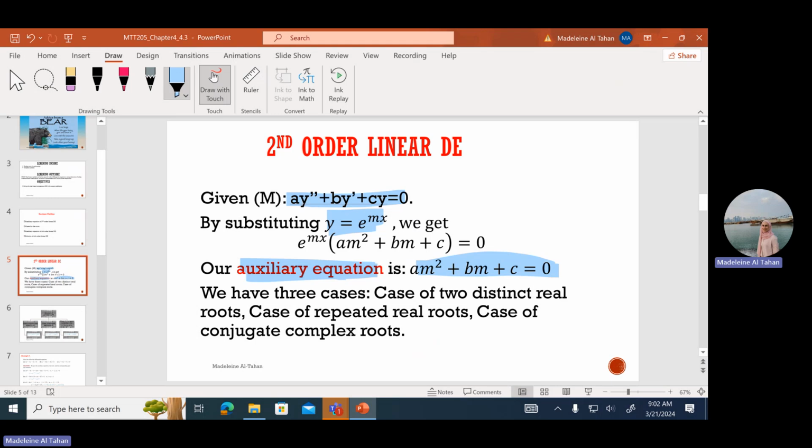So what are the options for delta? Either positive or negative or 0. If it's positive, how many distinct roots do we have? 2 distinct real roots. If it's negative, we have complex roots. And if it's equal to 0, we have a double real root. Anyways, we can also solve it using the calculator if we don't want to use the delta.